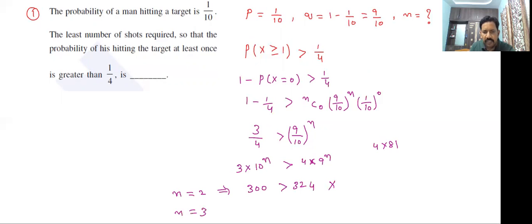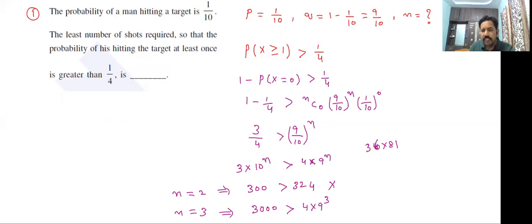Take n is equal to 3, then what happens? See, 10 power 3, that is 1000. 1000 into 3, 3000 is greater than 4 into 9 cube. How much do we get? 9 square means 81. 4 nines are 36.